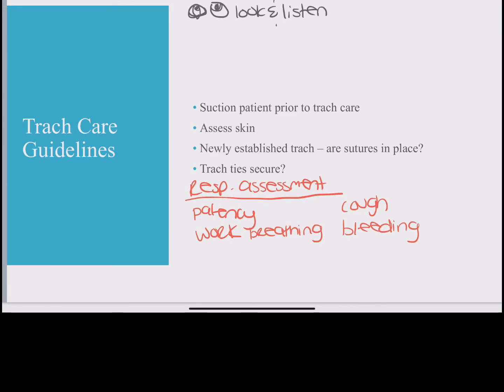Collaborative care team. Who can we call about our trach care? Well, your respiratory therapist. Please follow your MD orders. Oxygen humidification. Ventilator settings. This is what I would like to talk about, and I cannot emphasize it any more. As an RN in the state of California, do we touch the ventilator settings?